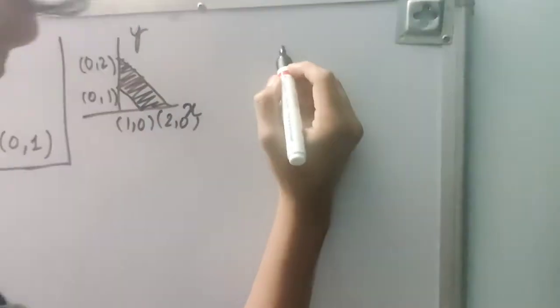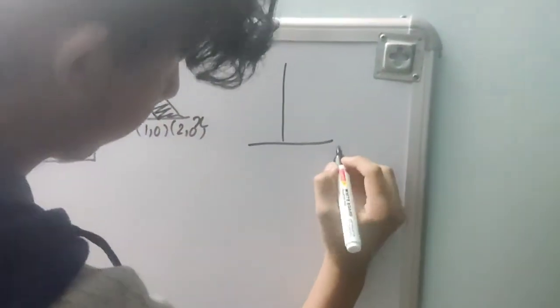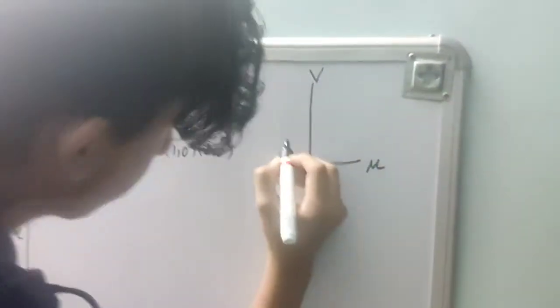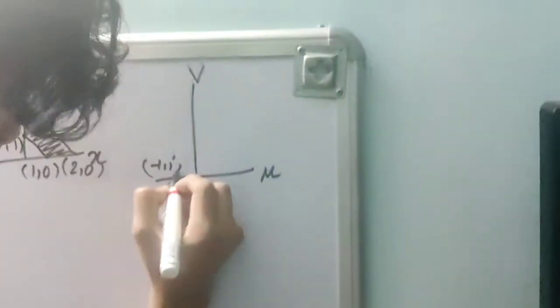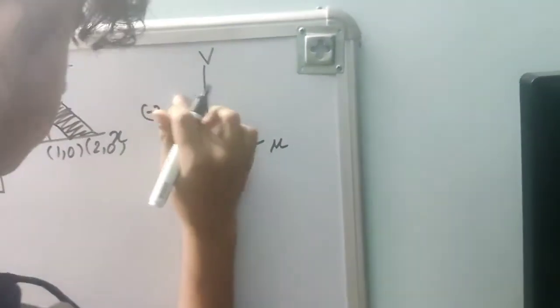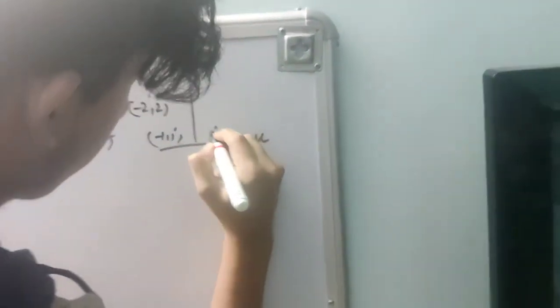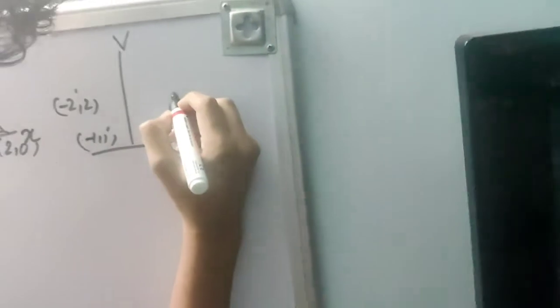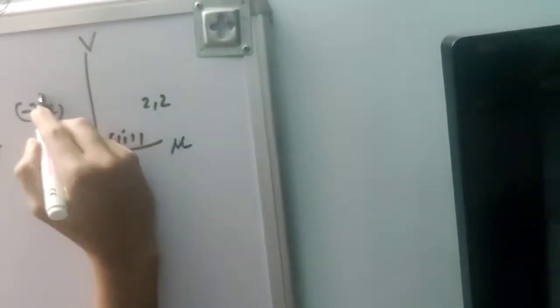Now we can also plot the uv graph. We have the points (minus 1, 1), (minus 2, 2), (1, 1), (2, 2). So in terms of u and v, we get this trapezoid.